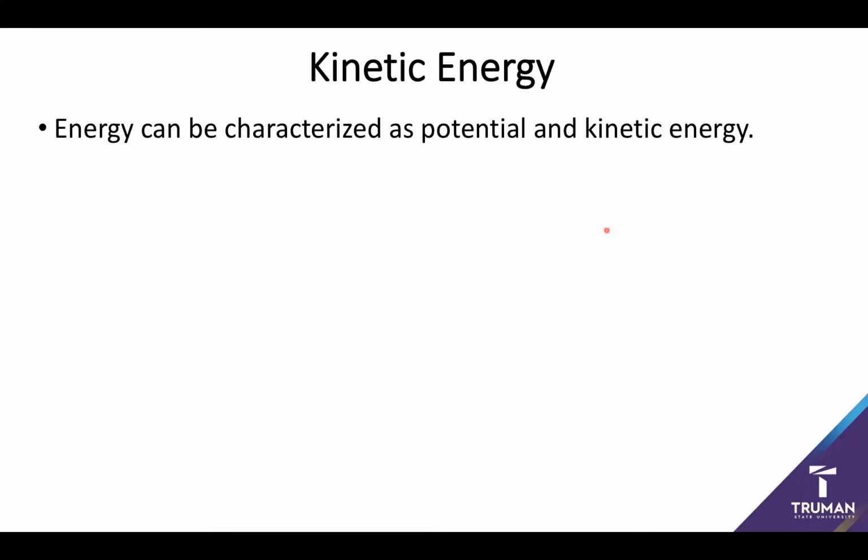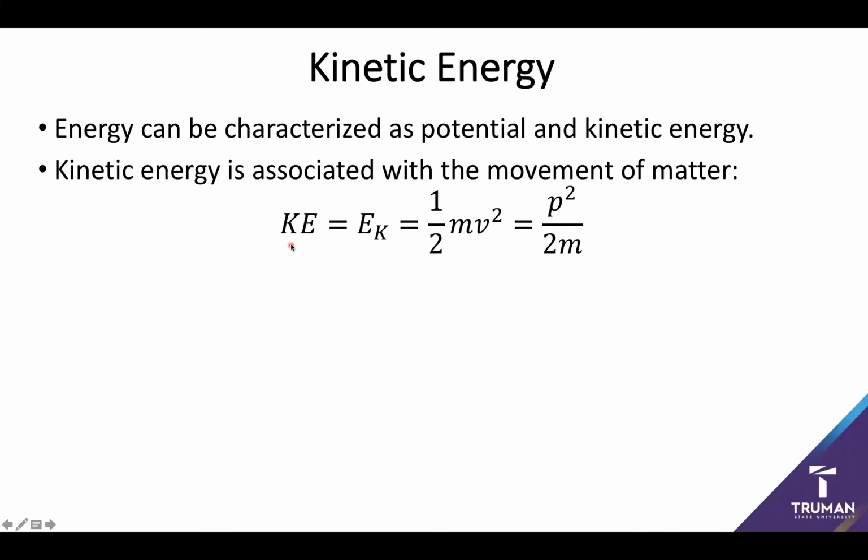And as we've seen before, we can relate the kinetic energy of our system to the velocity of the system as related by mass. So this is your classical physics definition, where kinetic energy is equal to 1/2 mv squared, or the momentum squared divided by twice the mass.